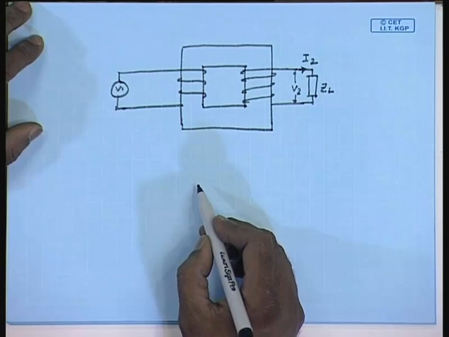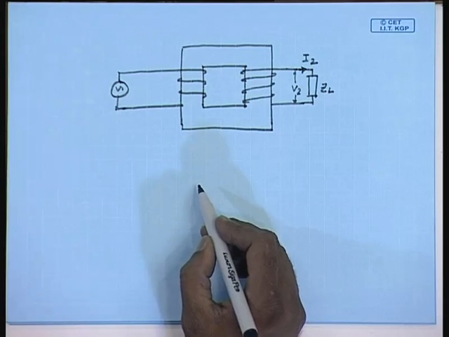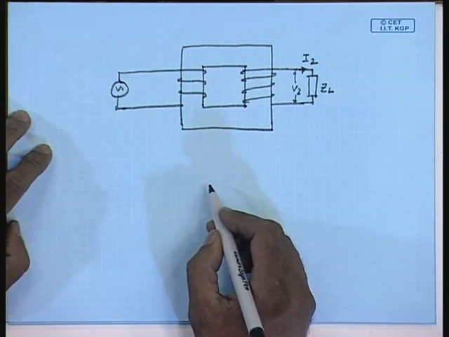This can be predicted from the approximate equivalent circuit, which we draw, referred to the load side now.